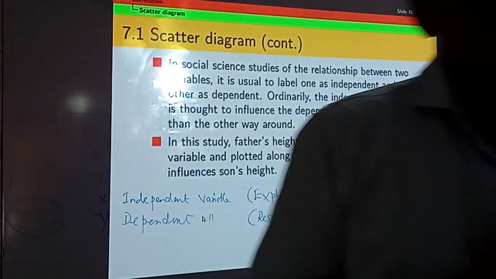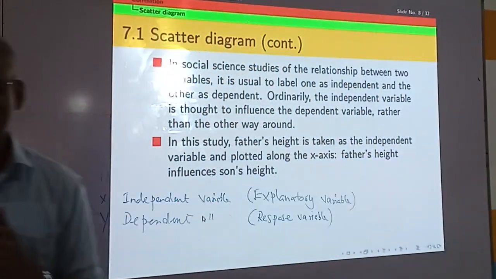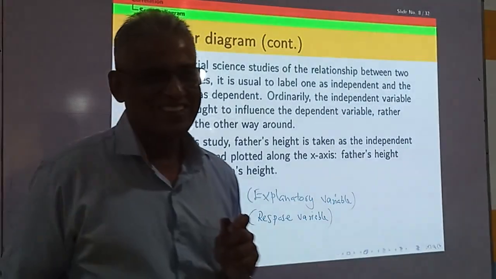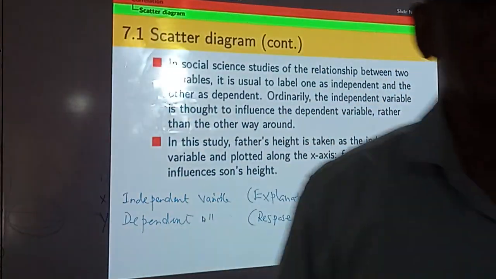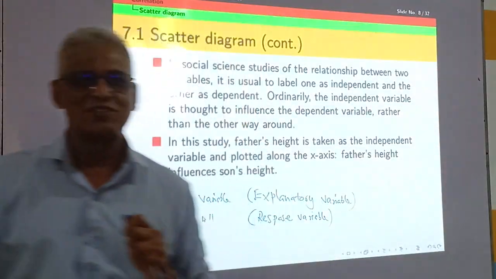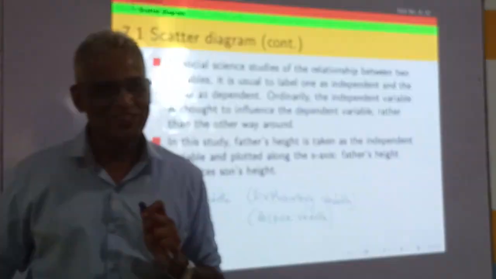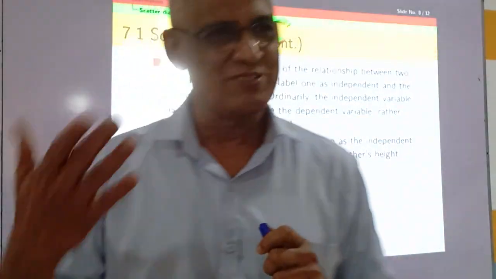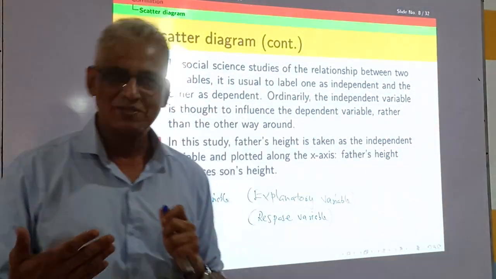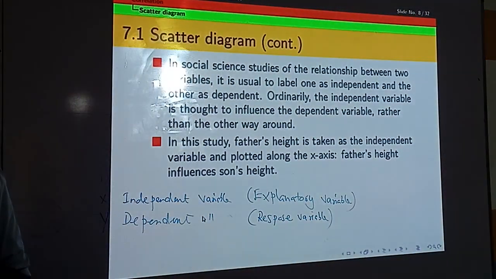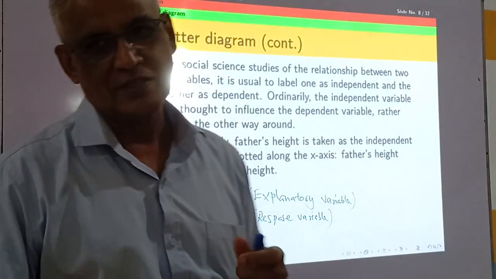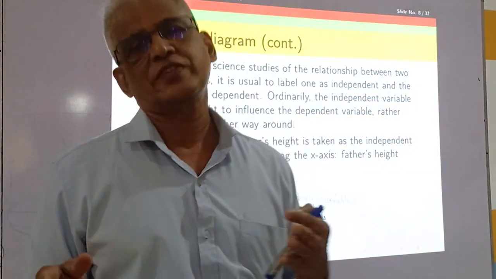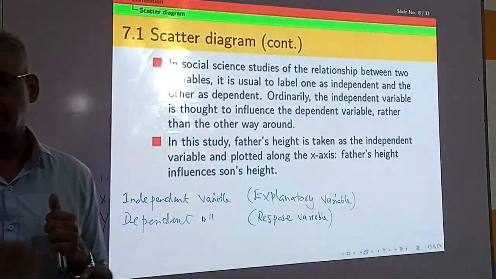Son's height, right? Because father comes first. Son's height may depend on father's height, but the father's height is not going to depend on son's height. So generally, that's the way. The one that comes first is the independent variable, the other one is the dependent variable. But there's no rule saying the other way cannot go.